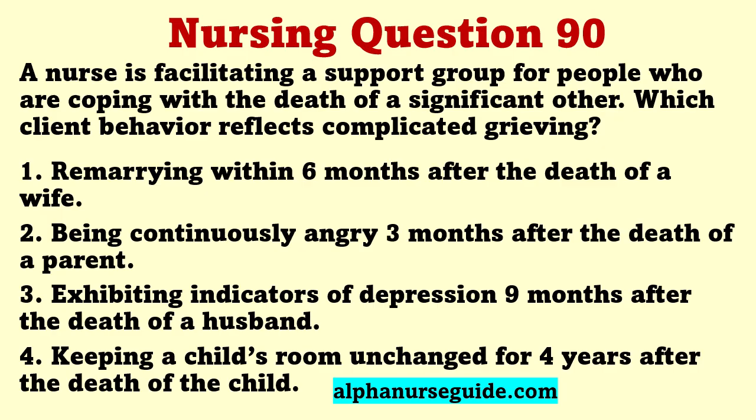The correct answer is 4. Keeping a child's room unchanged for 4 years after the death of the child. Rationale. Keeping a deceased child's room unchanged for years is outside the usual limits of grieving. Often, a person can get stuck in a stage of grieving and is unable to progress to the next stage. Keeping a room unchanged for years reflects an inability to face the reality of the loss or to deal with the feelings associated with the loss.